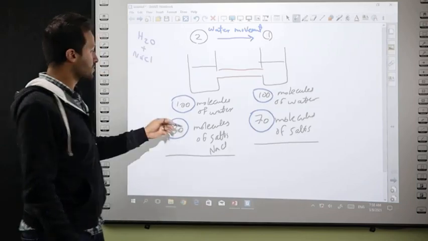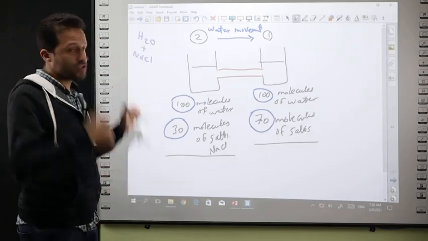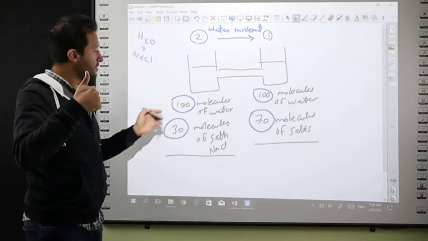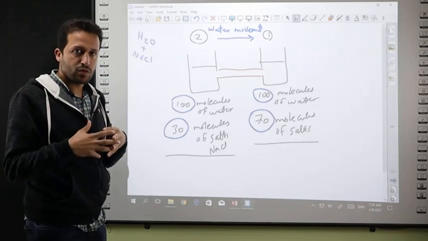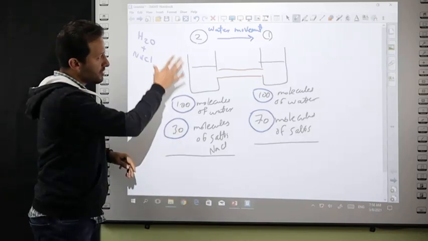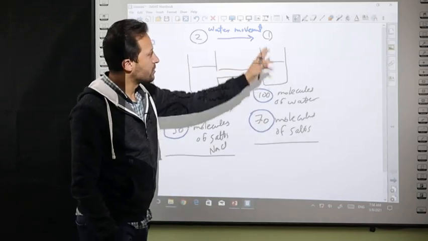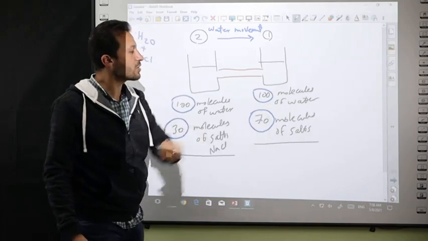We said that the salt is NaCl, the table salt. So each one of the water molecules will link or contact with one of the salt molecules. So here in cup number 1, for example, we have 100 molecules of water and 70 molecules of salt.